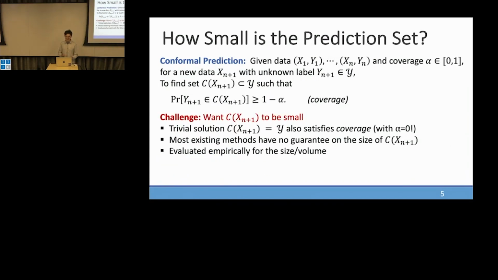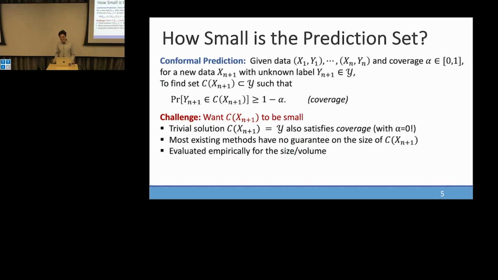However, there is a question: how good is the prediction set provided by these conformal prediction methods? A natural way to evaluate it is to ask how large or how small the prediction set is. Usually we want the prediction set to be small, which means you are more informative about your prediction. However, as we can see from this conformal prediction problem, the trivial solution is to output the entire Y space.